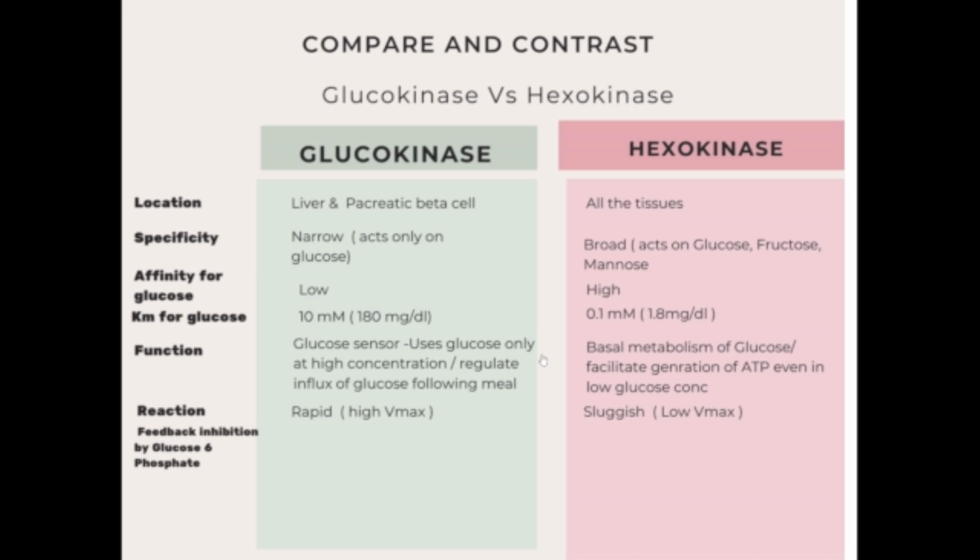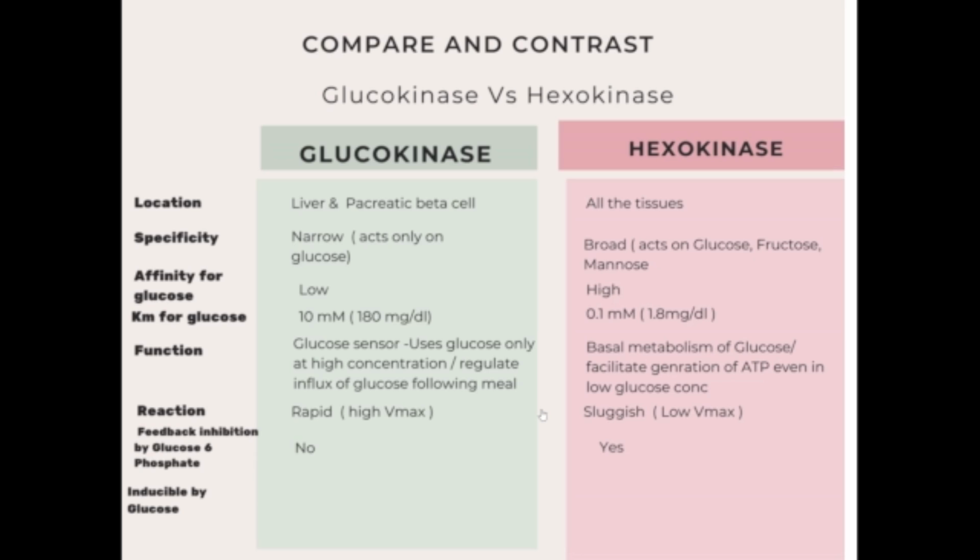Next is feedback inhibition by glucose 6-phosphate. Glucokinase is not inhibited by glucose 6-phosphate, while hexokinase is inhibited by glucose 6-phosphate. Here the feedback inhibition by glucose 6-phosphate on hexokinase makes sure that no unnecessary glucose is utilized.